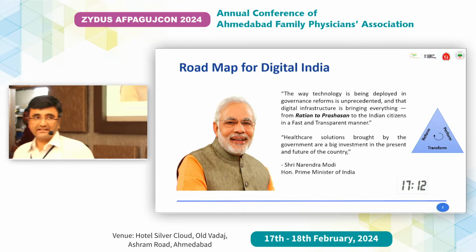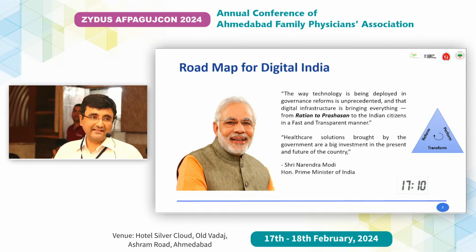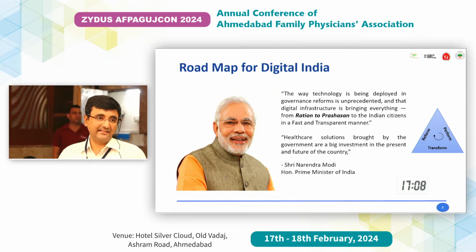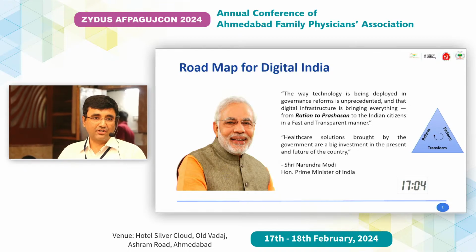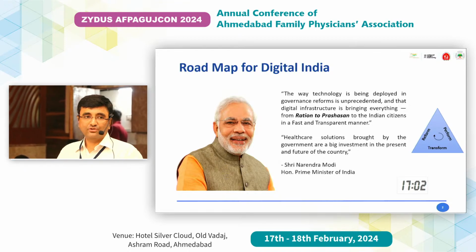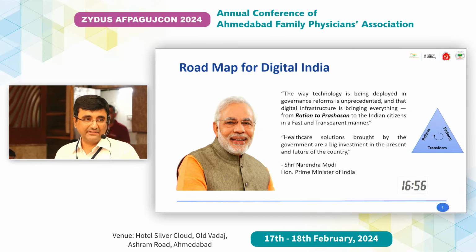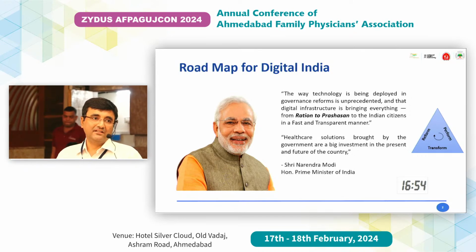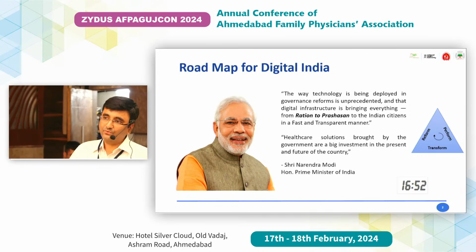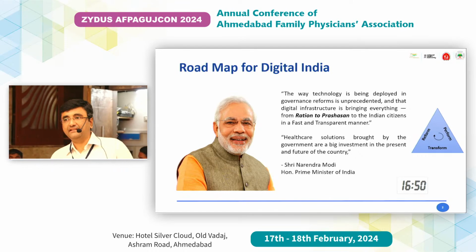Or say, for example, revenue, where your file is residing right now. Green channel, yellow channel, red channel, the file is with which officer for how many days. So at your fingertip you will be able to identify the pendency, not just as an administrator but as a citizen as well.